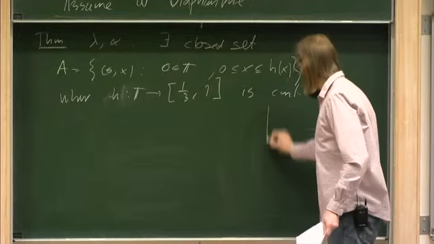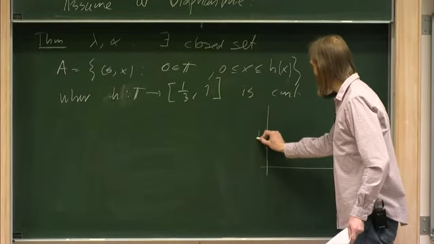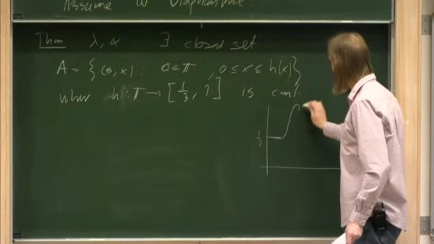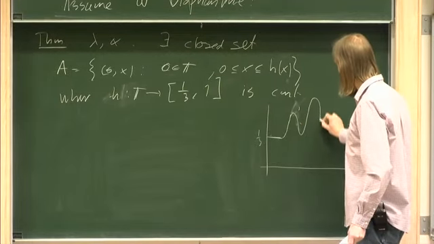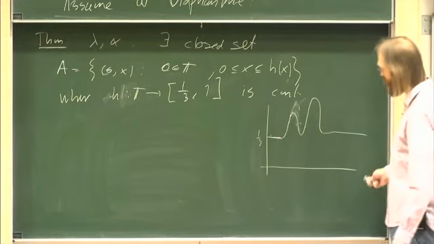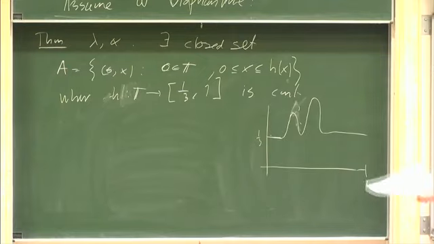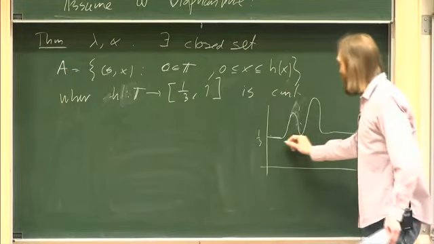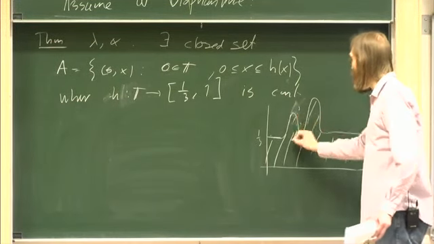So it means that we have some kind of graph which looks something like this, approximately like this. So A is this closed set, so everything below the graph of this function.